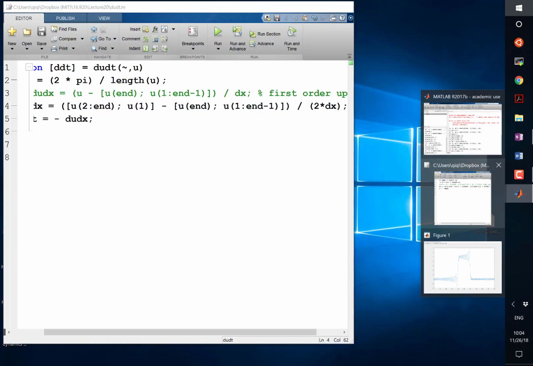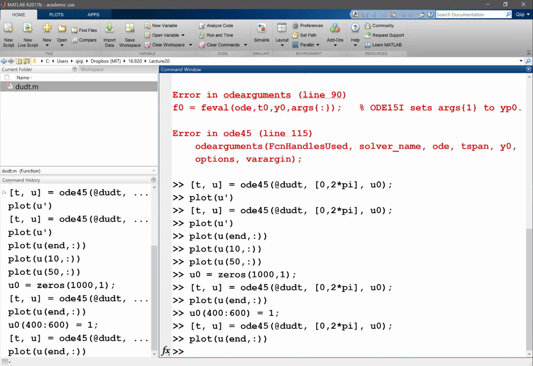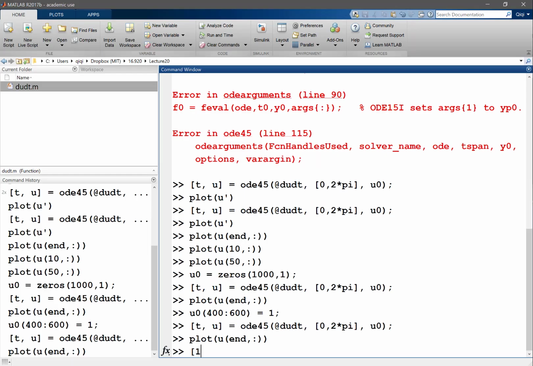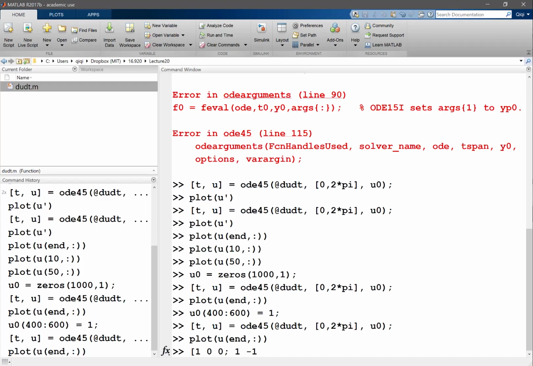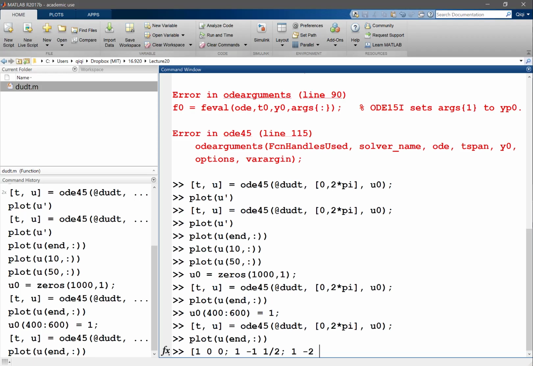Okay. Somehow my system is very slow. So the equations are, let's just put in the terms. The first line is 1, 1, 0, 0. The second line is 1, minus 1, and half. The third line is 1, minus 2, and 2, right?